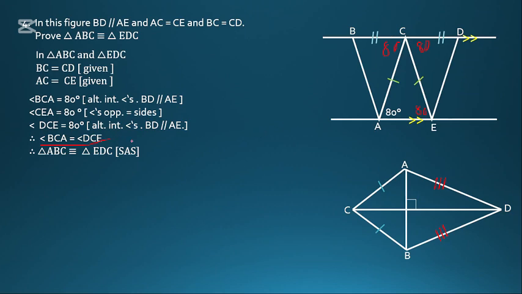Right, you don't need to give a reason here because you already gave two reasons to get to DCE. Right, so therefore BCA is equal to DCE and the triangles are congruent. Why? Side, angle, side. Right, now the last one.